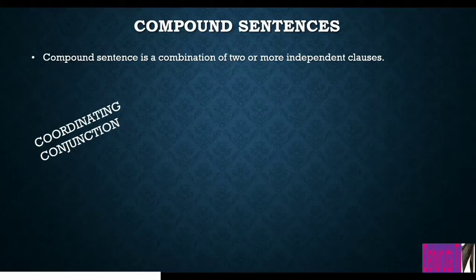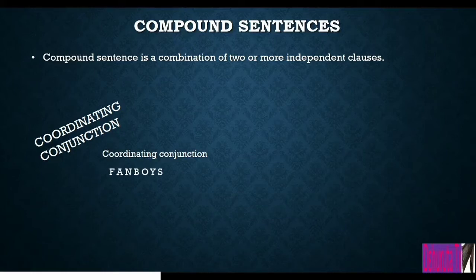It has coordinating conjunctions. And when we say coordinating conjunction, what do we mean? We mean FANBOYS. When we say FANBOYS, it's a jargon. And what are the meanings of FANBOYS?